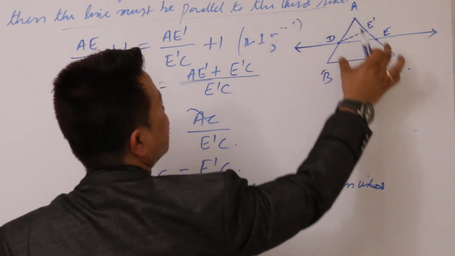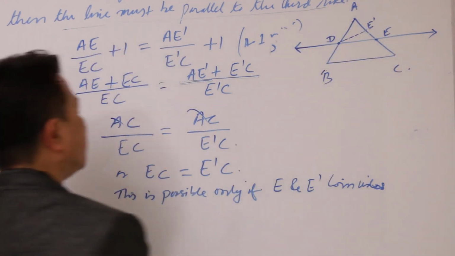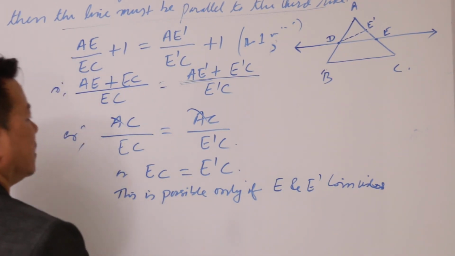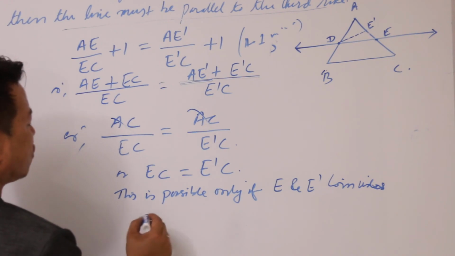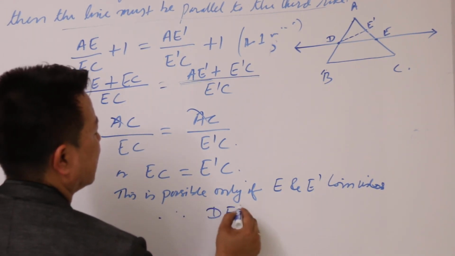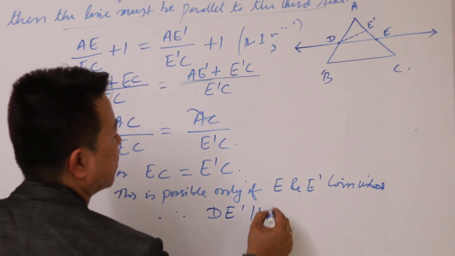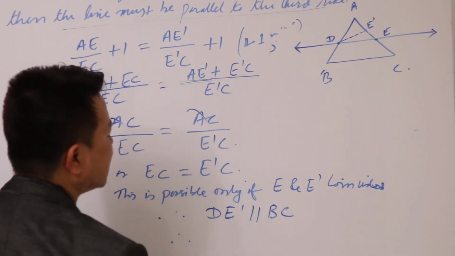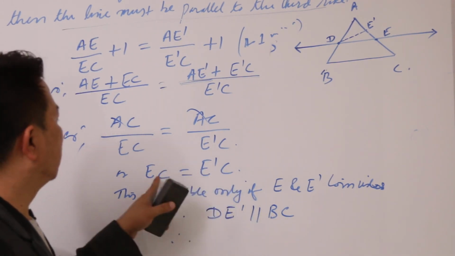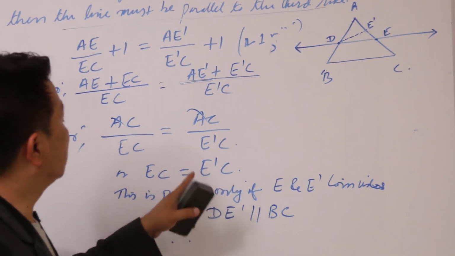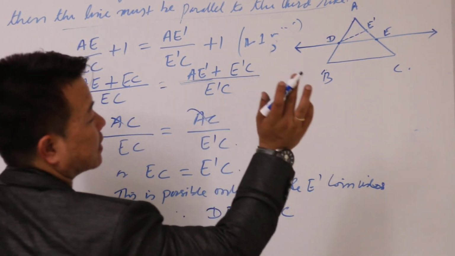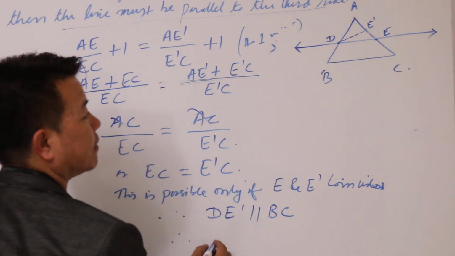According to the construction, DE' was drawn parallel to BC. Coincide means the point E and the point E' are the same point. Therefore, E' and E lie on the same point.